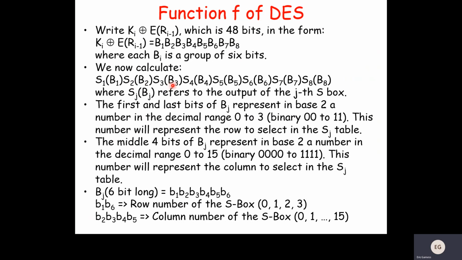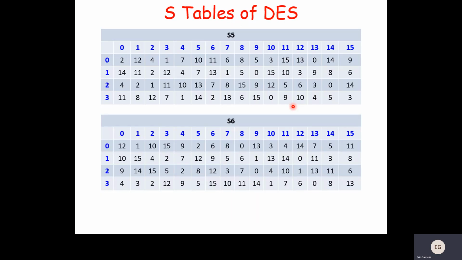B3 is 6 bits, I apply S3, and I get 4 bits. Up to B8, which is 6 bits, I apply S8, and I get 4 bits. So the result will be, since each block here is 4 bits, 4 times 8 is 32 bits. The result is 32 bits, okay?